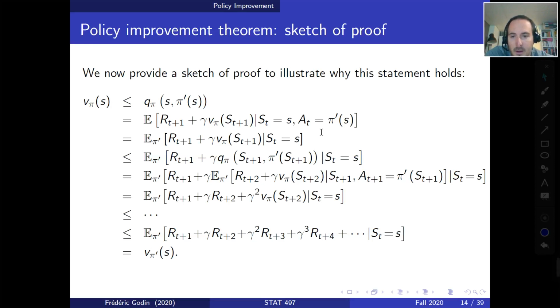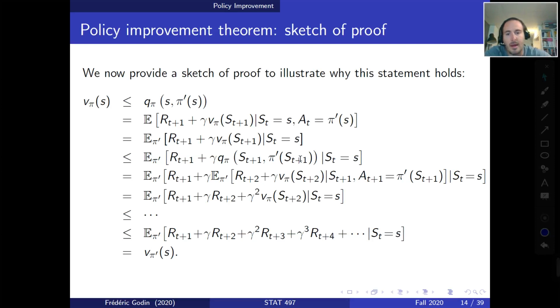Now we can still use that relationship here, but instead of using S, we're going to use capital S t plus 1. This relationship holds for all S, so we can apply it for S equal to S t plus 1. So this term becomes smaller or equal to this one. This is how we go from that line to that line. We apply this relationship, which was our assumption in the theorem, but now to state S t plus 1.